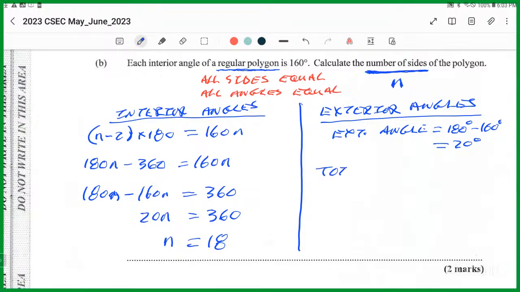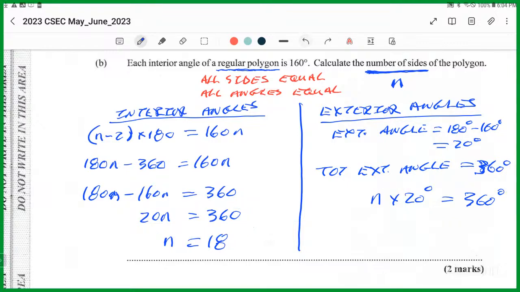Total exterior angle is always 360 degrees. But the total exterior angle is going to be n times 20 degrees, because n of them, each of them is 20 degrees. That total exterior angle is equal to the 360 degrees total. Yes, you get the same equation.